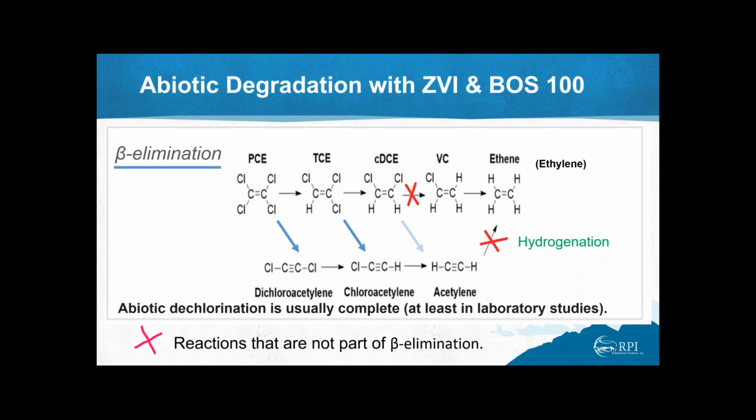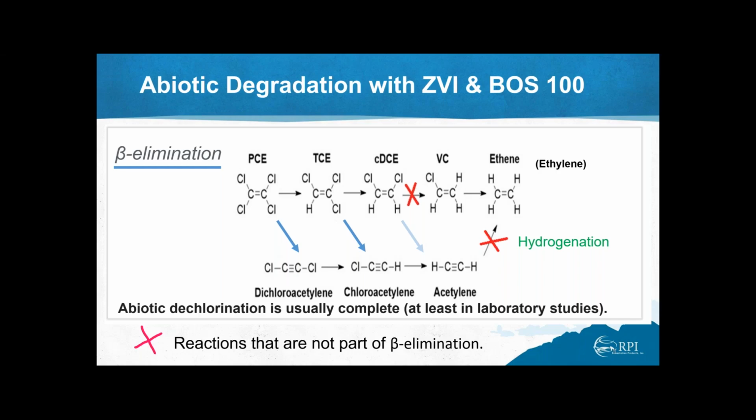So now let's go into the beta elimination pathway itself. I have the diagram up in front of you. You can go from PCE, TCE, DCE, and the blue arrows indicate the direction of the beta elimination pathway.